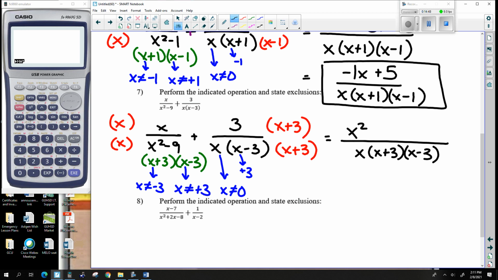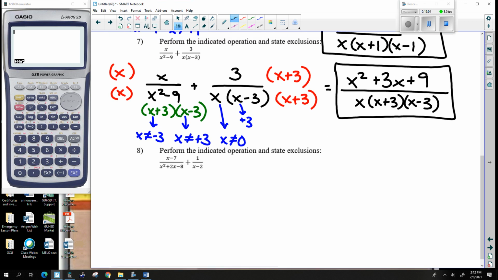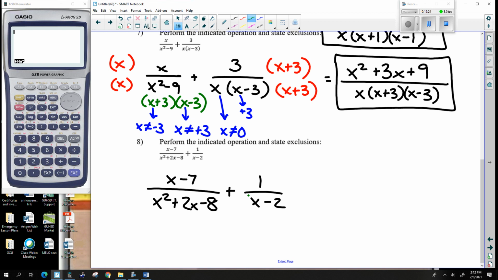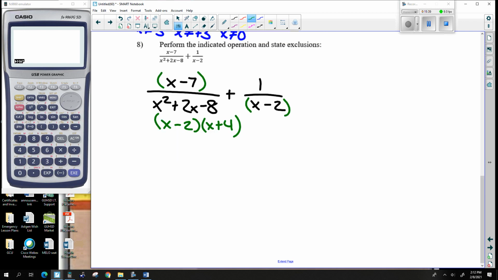Okay, x times x, 3 times x, 3 times 3. Okay, so the denominator is minus 2, plus 4.